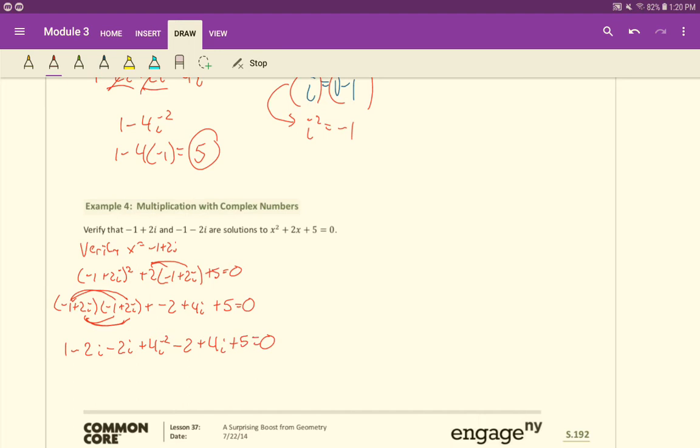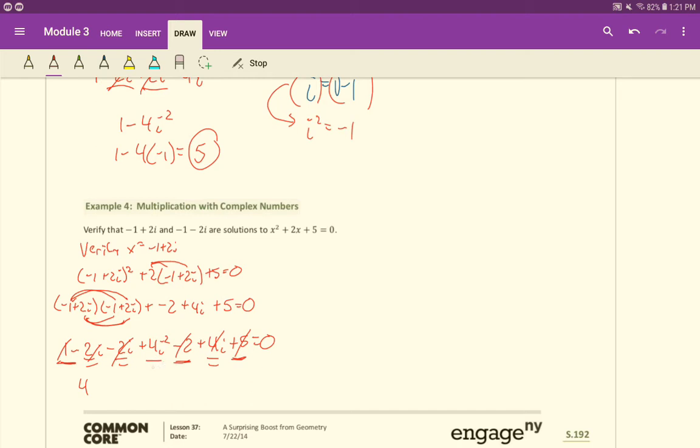Okay, and now let's simplify. We can combine like terms. So the 1 combines with the minus 2 and the plus 5: 1 minus 2 is -1, plus 5 is 4. Then we have a -2i, a -2i, and a positive 4i, so those all cancel.